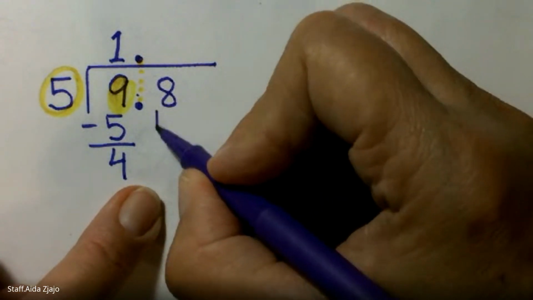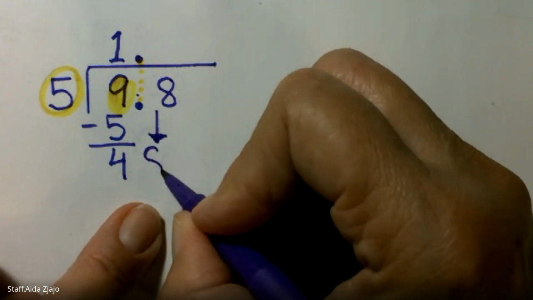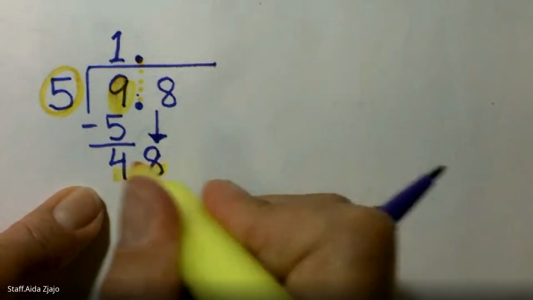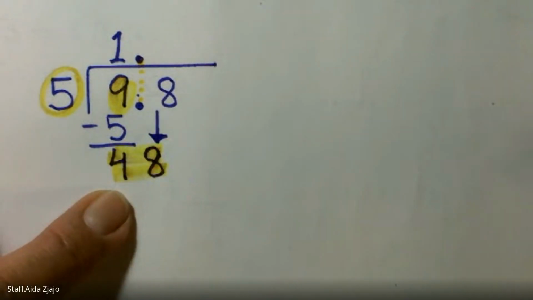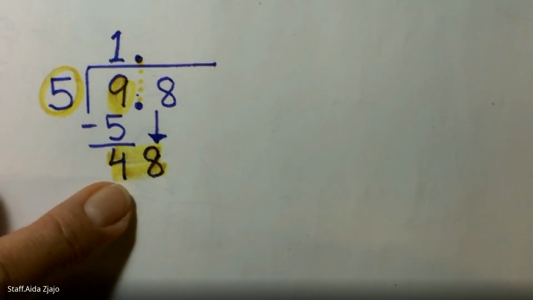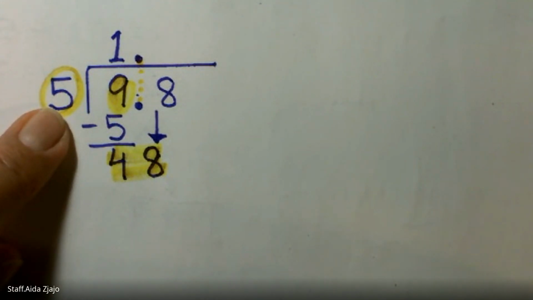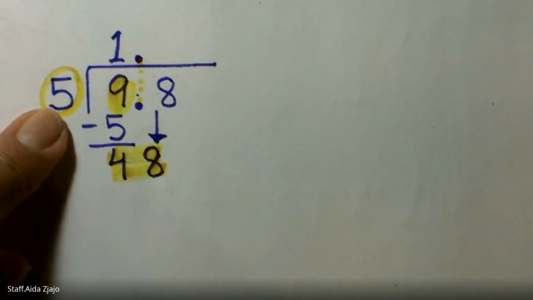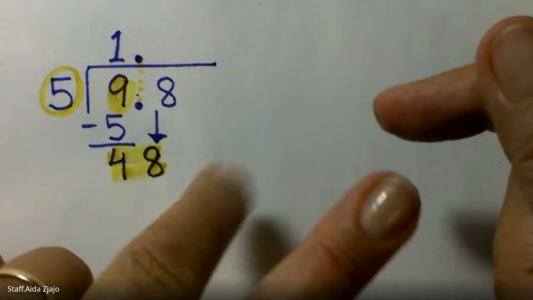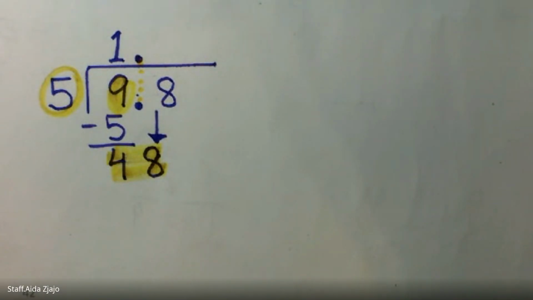But now I have 4 wholes. I can bring down my tenths and regroup the wholes. So now I have 48 tenths. Now I can share my tenths equally into groups of 5. If you don't know, you can count 5, 10, 15, 20, 25, 30, 35, 40, 45.